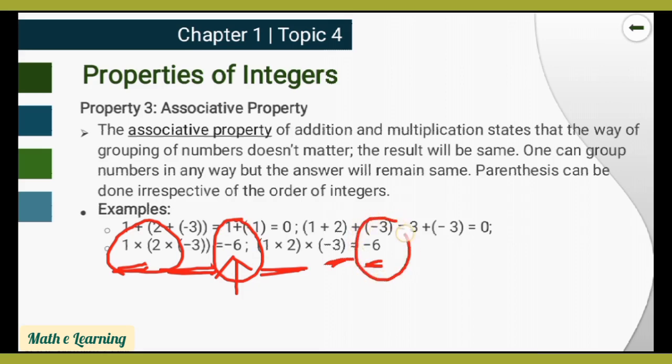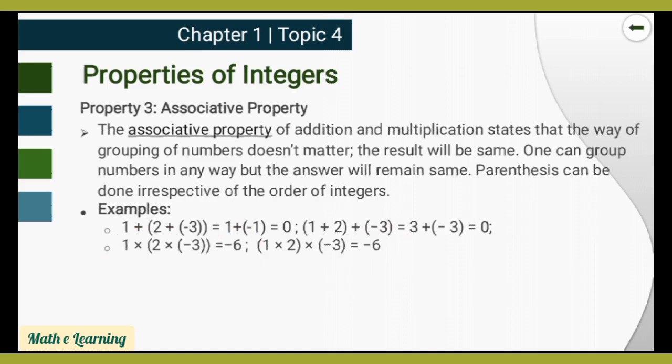Now we check whether both the results are the same or not, and here both are the same. That means if you do grouping of any two integers and you multiply it with the third number, then the answer, or you can say result, will be the same.